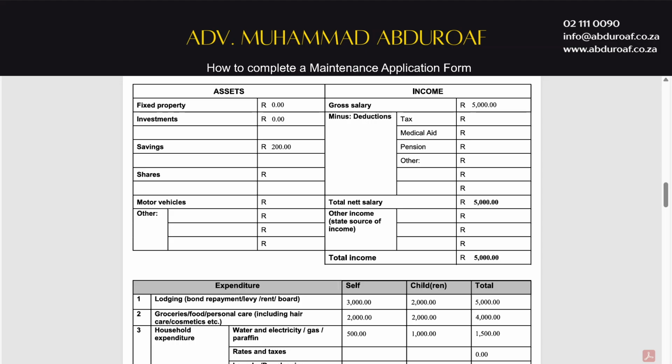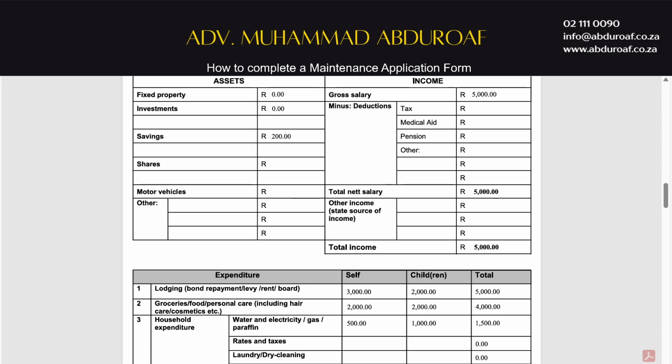And secondly, people seem to incorrectly complete it for various reasons. I'll use a simple example. The party might be earning, let's say, in this case, 5,000 rand per month. But when you work out the expenditures of the specific person, the amount totals about 30 or 40,000 rand per month, which doesn't make logical sense to me at all.